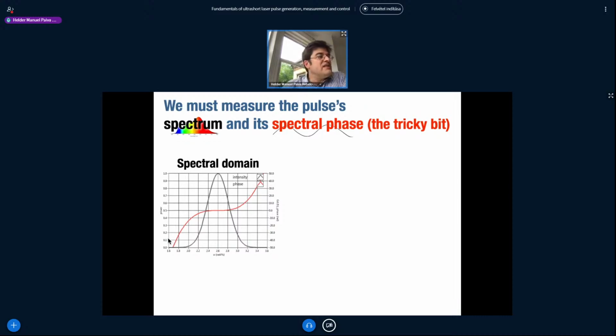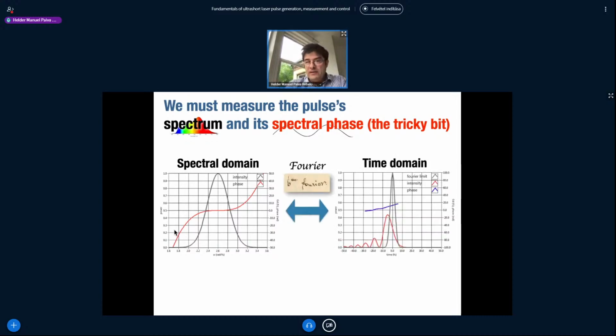So once we have this information, the spectrum and the spectral phase, we can directly obtain the pulse in the time domain via an operation that we call the Fourier transform. So knowing spectrum and spectral phase gives you directly the pulse in the time domain without you having to measure the pulse directly in the time domain, which would be extremely hard to do because the pulses are extremely fast and you don't have a sufficiently fast detector.